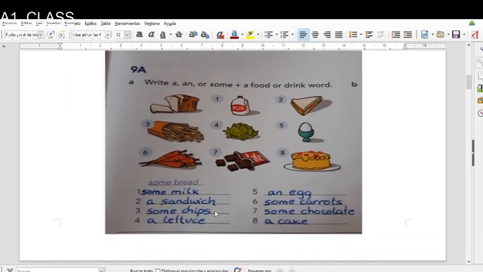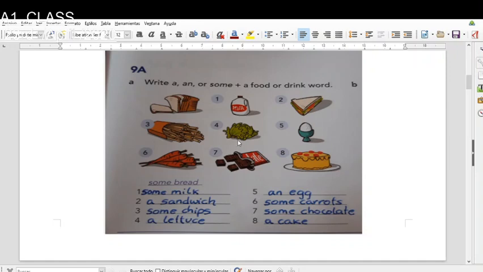These are the answers. Then A, write a, an, or some plus the food or drink word. Number 1, look. Then we have some milk because it's uncountable. Number 2, singular, it's a sandwich. Number 3, plural, then some chips. Algunas patatas fritas, some chips.